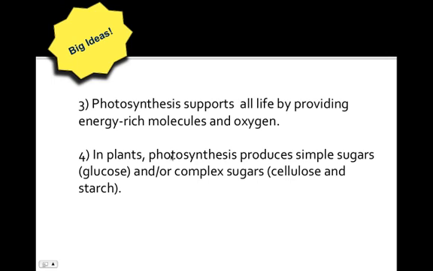And understand that other things are made through photosynthesis. The cellulose that makes the bark of trees, makes the wood that wood-framed houses are built from. So there's a lot of structural materials that are made from cellulose. And then starch is basically a food sugar. It's a complex sugar that we get in things like bread and flour.